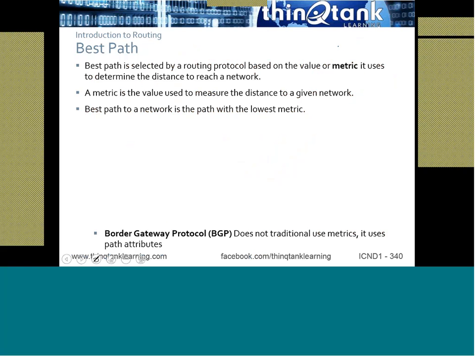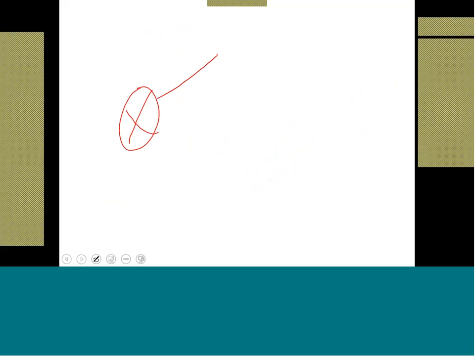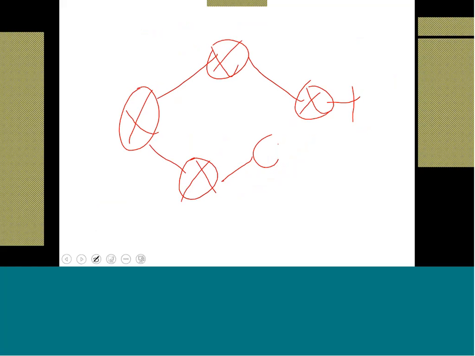Let me clean this up real quick. What happens when the paths look like this? Same topology that we had before. Right? But now, this path is 1 kilobit per second, and this path is 1 terabit per second.